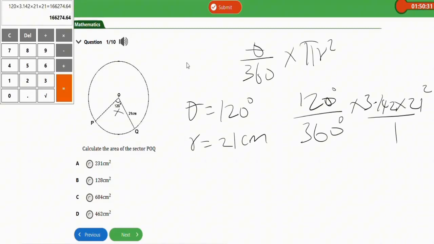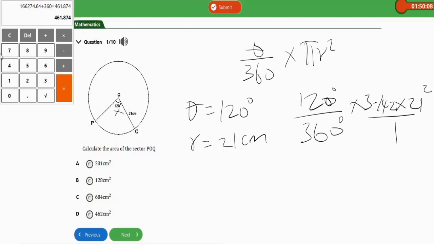Now let's divide it by 360 degrees and see what it's going to give us. We have the output to be 461.874. If you are rounding it up to the nearest whole number, it's going to give you 462 cm square. So that's the answer to this question, option D.